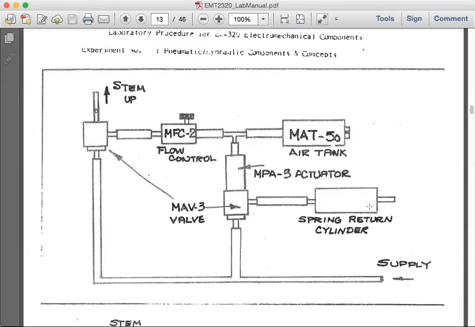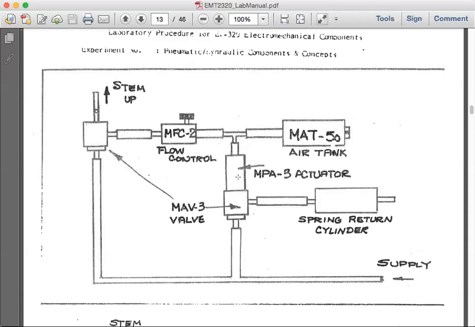Stage 4, this part already depressurized enough in order for the actuator to release the stem. So right now, all of this is blue. This is still blue, it continues venting, but because this is already blue, actuator is up, the pressure stopped right there, no longer supplies the hose for the cylinder.